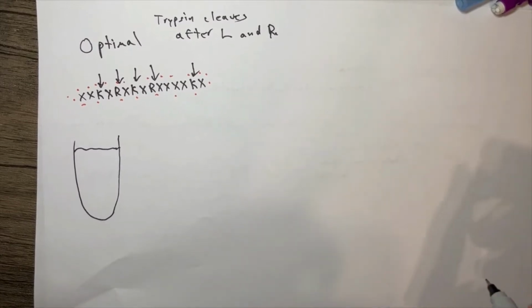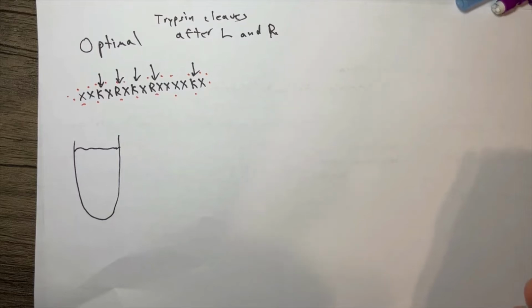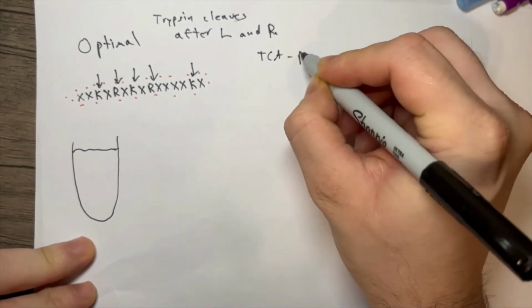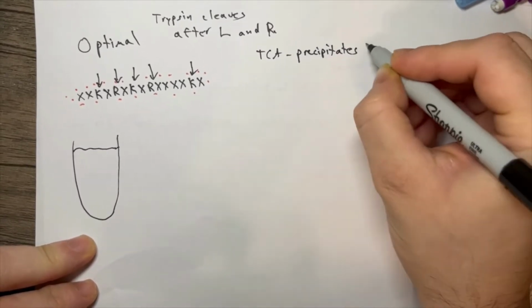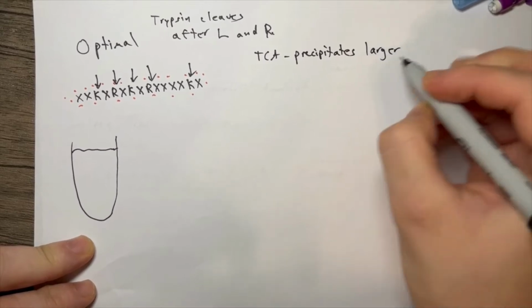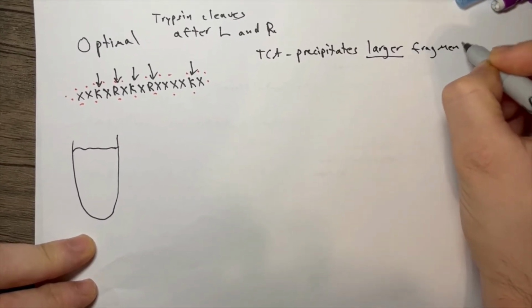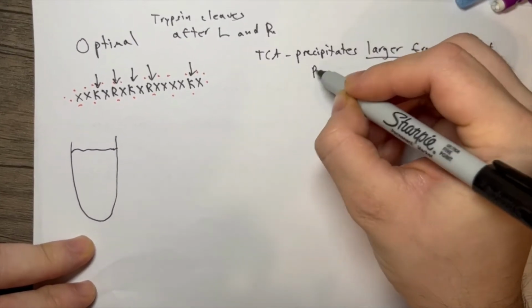Now, remember, we also are going to add the TCA in there at one point. So the TCA, if you remember, precipitates larger fragments, specifically larger fragments of protein.